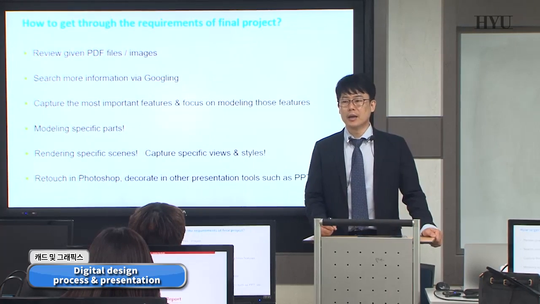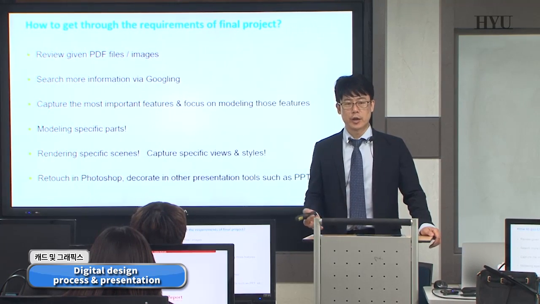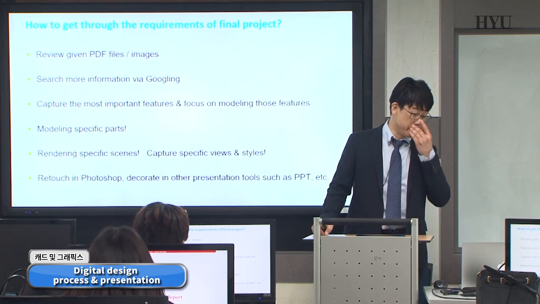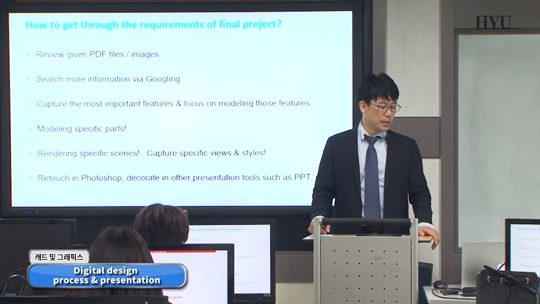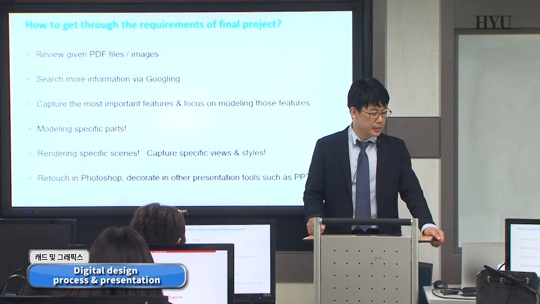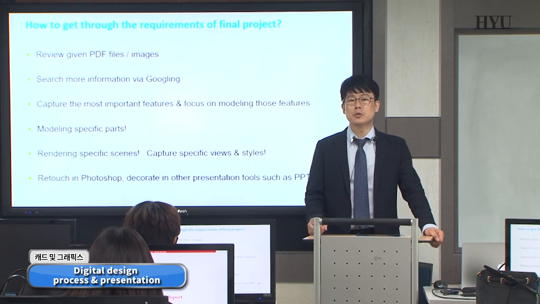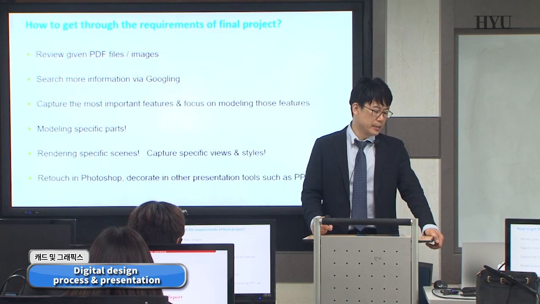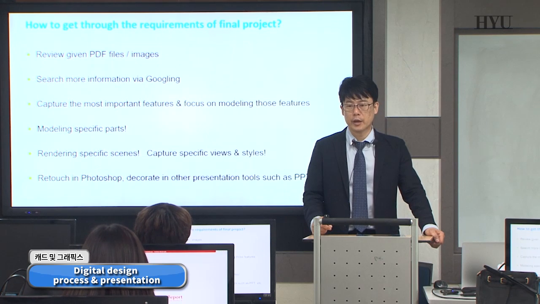And then you can get lots of references first, okay? Images, sometimes CAD files, sometimes some vector line drawings, sometimes some textual information. And then try to capture the most important feature, the most important concept, the most important design aspect, okay?